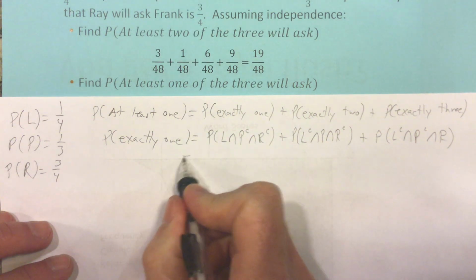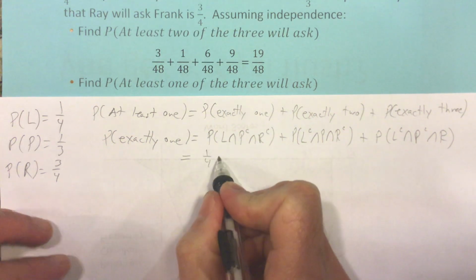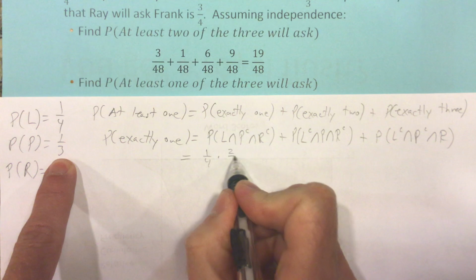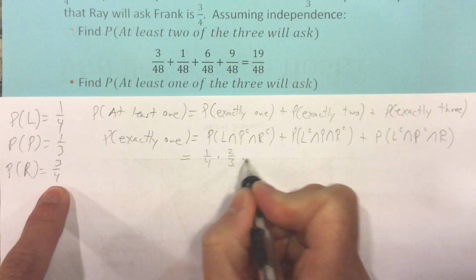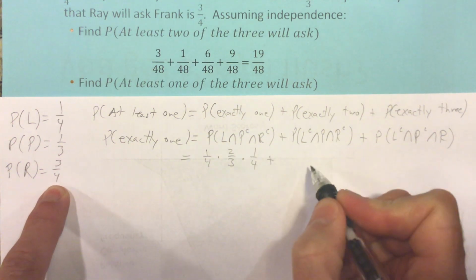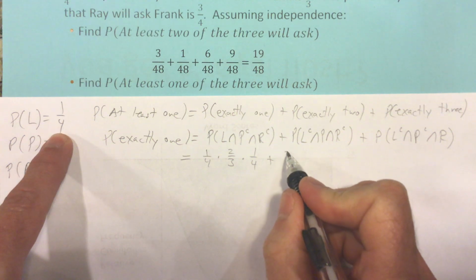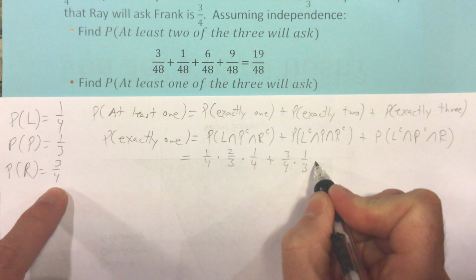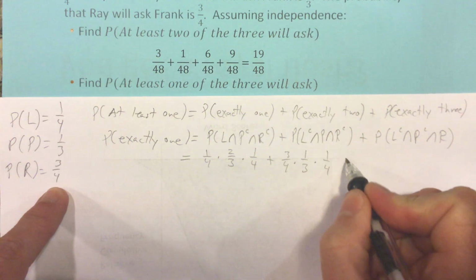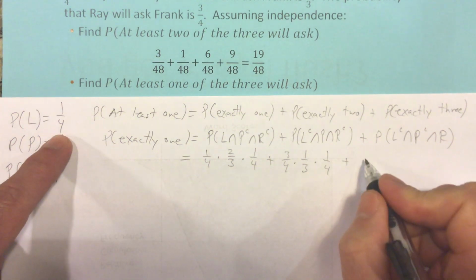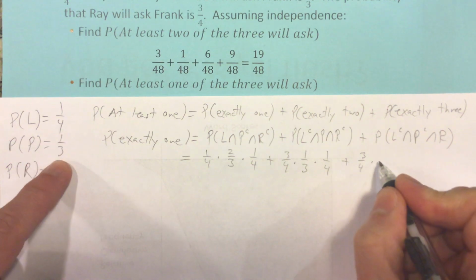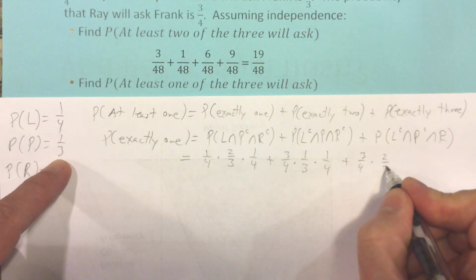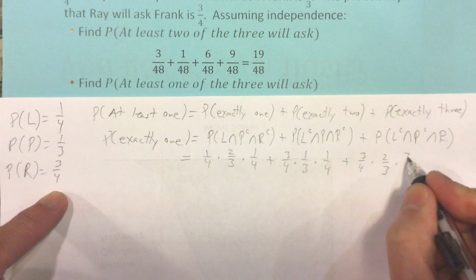Well, let's work them out. So that would be 1/4. Paula not asking is 2/3. Ray not asking is 1/4. All right, Leon not asking is 3/4. Paula asking is 1/3. Ray not asking is 1/4. And lastly, Leon not asking, 3/4. Paula not asking, 2/3. Ray asking, 3/4.